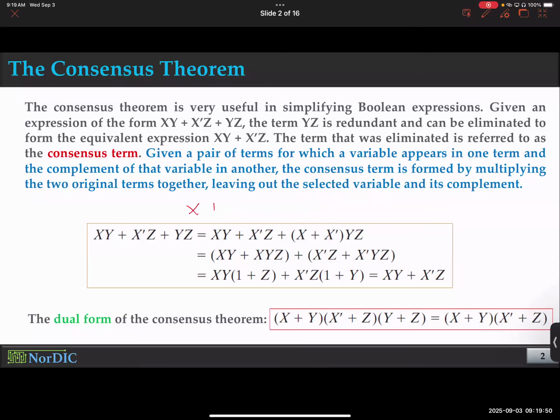So you have x plus a circle, and then x prime plus a square. And then you have an OR combination of these two shapes. And then they are in an AND relationship with each other, which practically means you can get rid of this term. As simple as that. Okay, you get used to it as you use it more often.